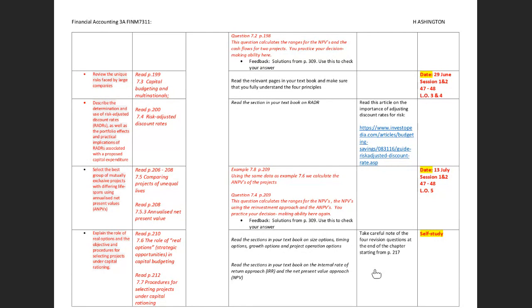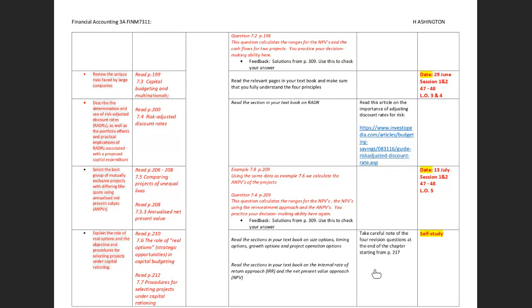It all depends on how many cash flows there are in the project. Like this example, there's not very many cash flows, so your calculations wouldn't be very long. Look at example 7.7. That's not a lot of calculation to get your net present value of 17 for project 1. And then in example 7.6, you've calculated your net present value for project 2.